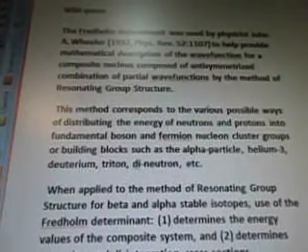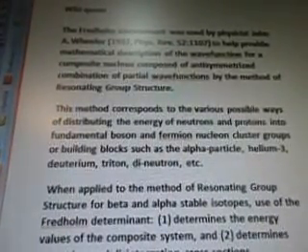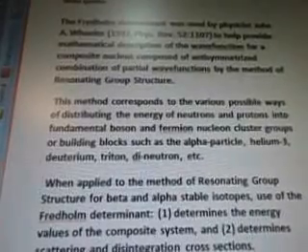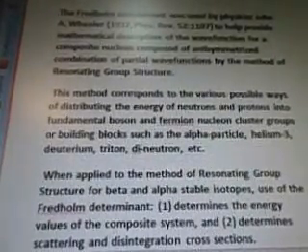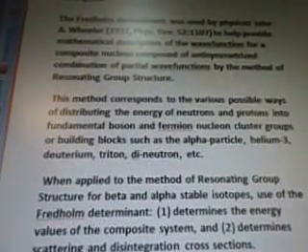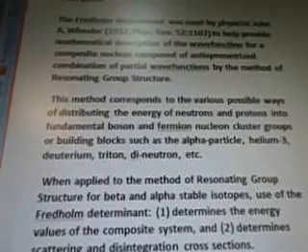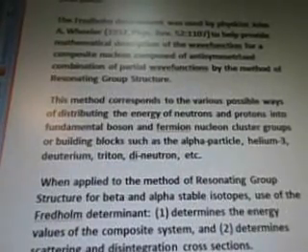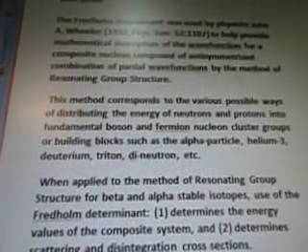This method corresponds to the various possible ways of distributing the energy of neutrons and protons into fundamental boson and fermion nucleon cluster groups, or building blocks such as the alpha particle, helium-3, deuterium, triton, di-neutron.